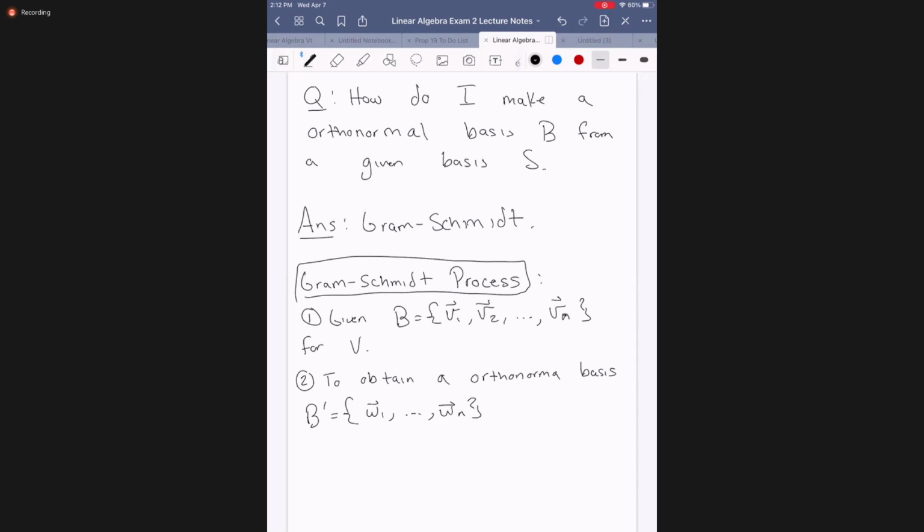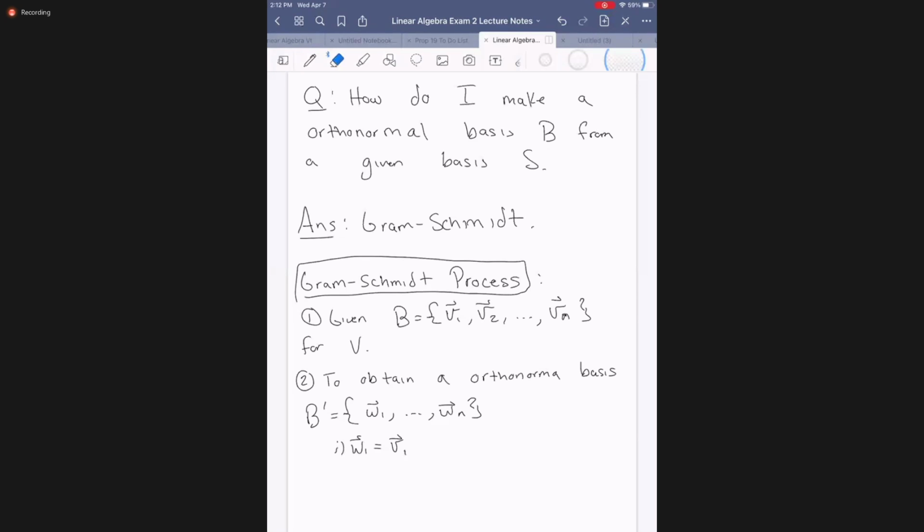Pick a vector in your basis, denoted as W1. It doesn't matter which one. I'm just picking V1. So just call that vector W1. Okay. So now our goal is to find what W2, W3, W4, all the way to Wn is, right?